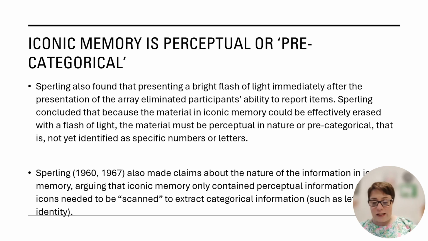So basically, by pre-categorical, essentially what Sperling meant is raw, unprocessed sensory information. So it's basically just residual neural activity in the somatosensory cortex that the brain has failed to interpret as belonging to a particular category, such as a number or a letter or a word or what have you.